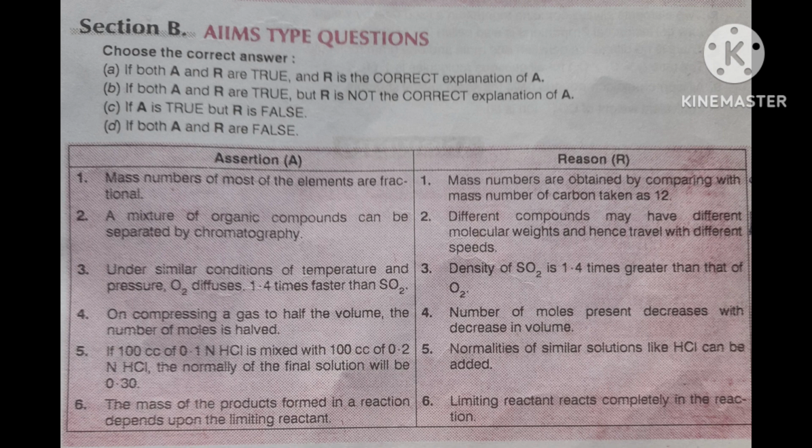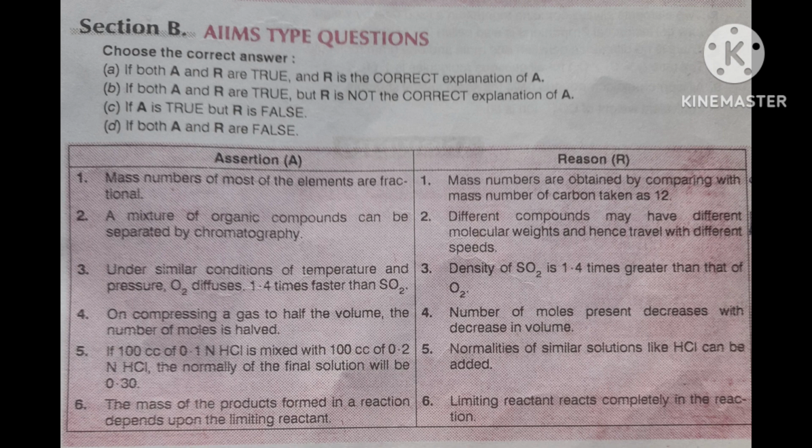And the reason, that mass numbers are obtained by comparing with the mass number of carbon taken as 12, is also wrong. Hence option D is correct. You should know that mass number is a whole number and atomic masses are fractional.